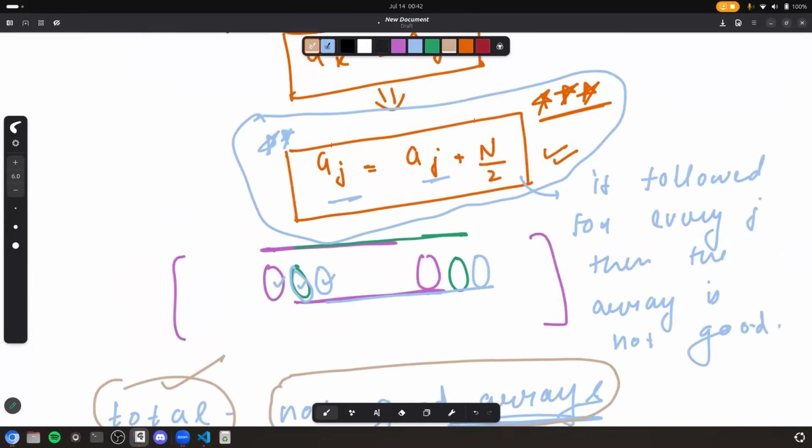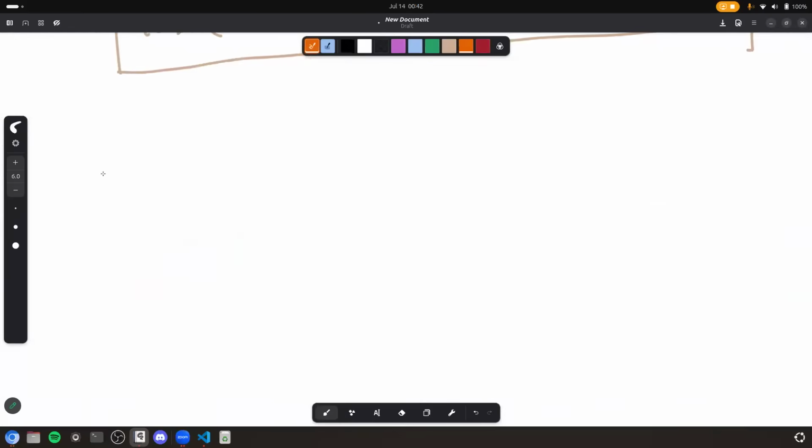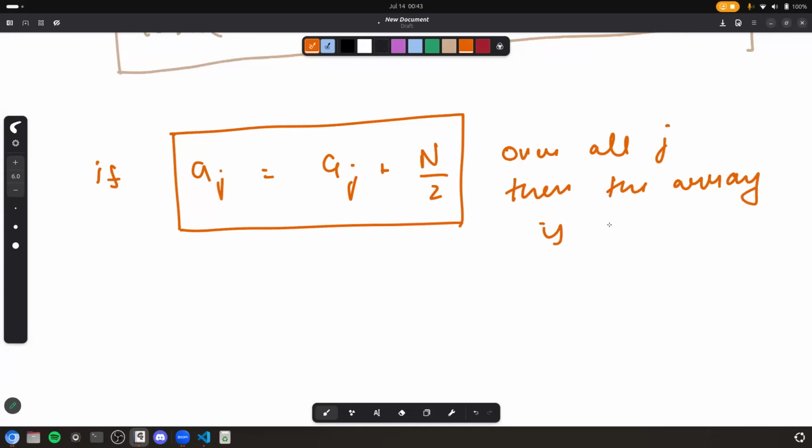So we found out this property that if Aj equals Aj plus n by 2 over all j, then the array is not good.